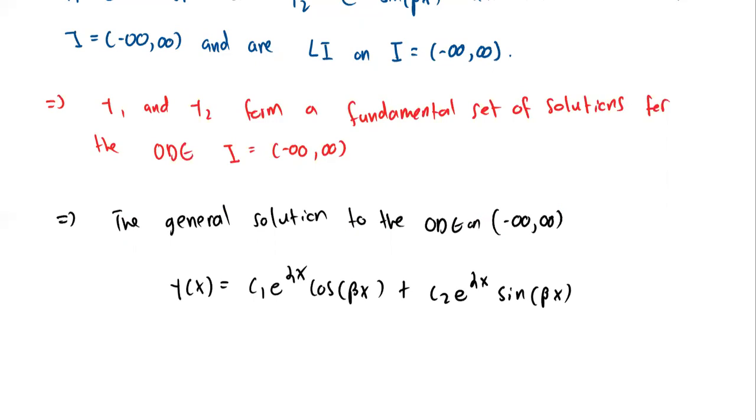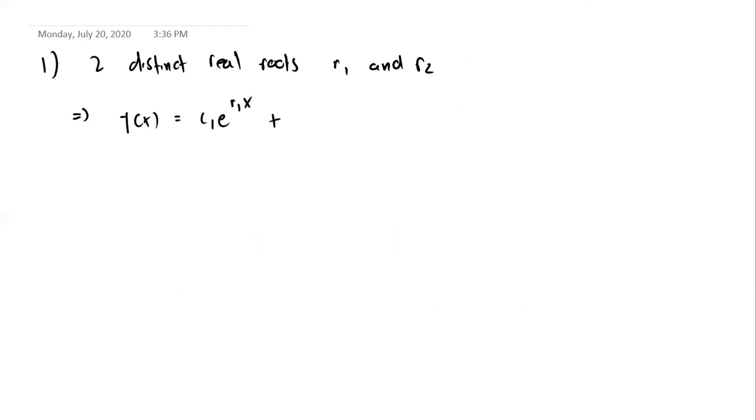So now what have we done? In each of the three cases, no matter what types of roots we get, we know what the general solution is. Okay? So let me summarize. Case one, where we have two distinct real roots R1 and R2, then the general solution is just this linear combination when R1 and R2 are the roots, and this works for all real numbers.